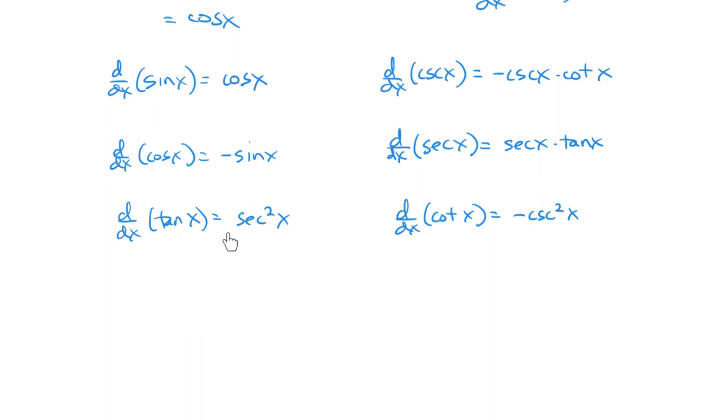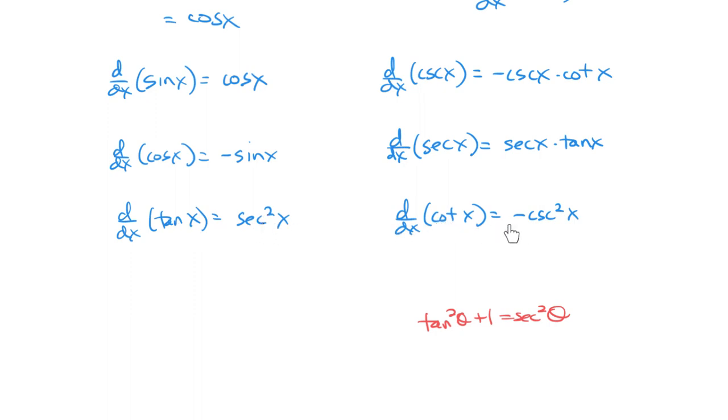The way that I remember tangent being associated with secant squared is I always think of that trig identity: tangent squared theta plus 1 equals secant squared theta. So I have these two functions linked anyway. The derivative of tangent is secant squared.